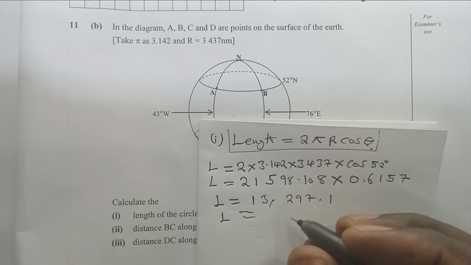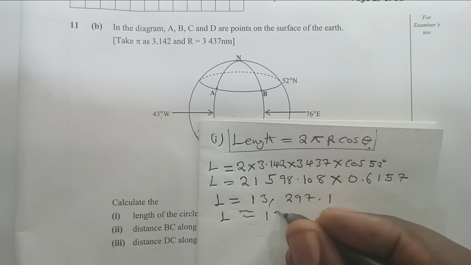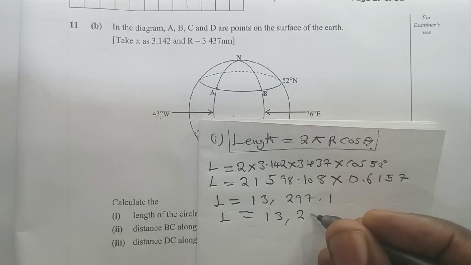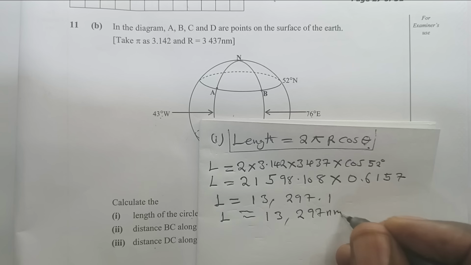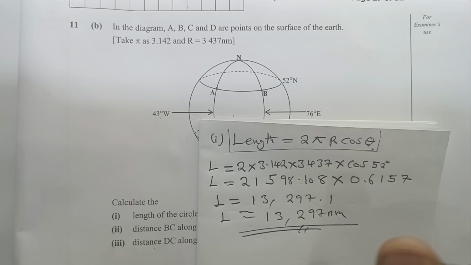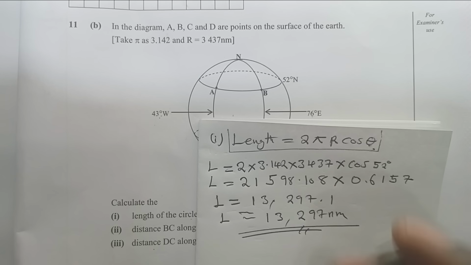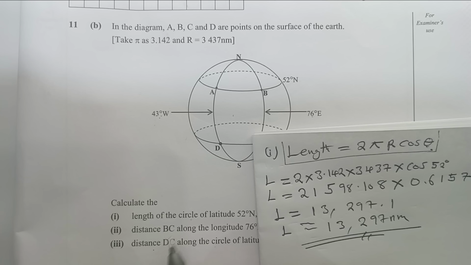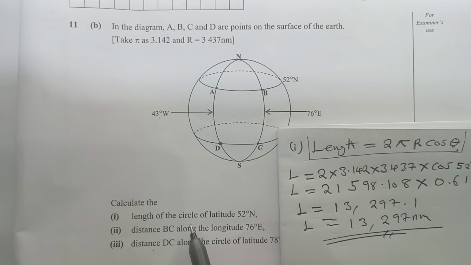Approximately, length is going to be 13,297 nautical miles. So this is how we are going to find the solution to the first part of the question, which was talking about the calculation for length of the circle at this latitude.